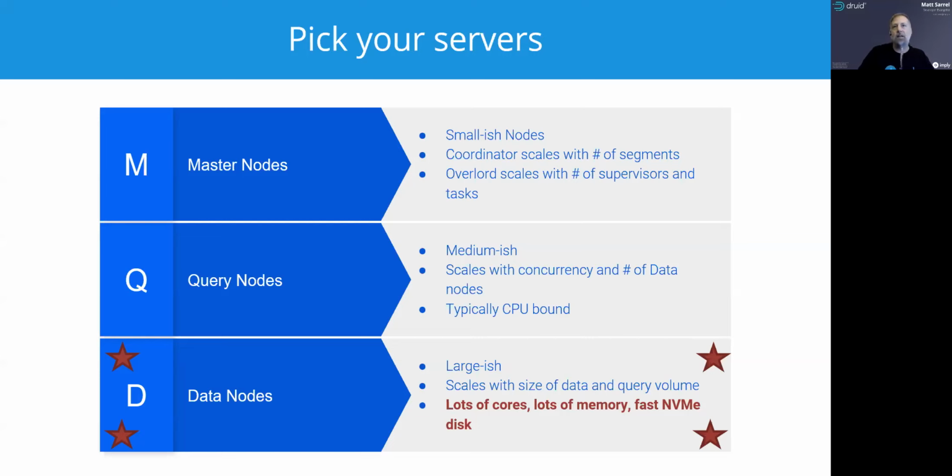The first thing that I learned was that what really affected performance was the size of the data node. The size of the query node kind of affected performance, but really it was the data node. When you're deploying and configuring, where you want to spend your money is in the data node, and you're going to want to use NVMe disk, not standard disk.